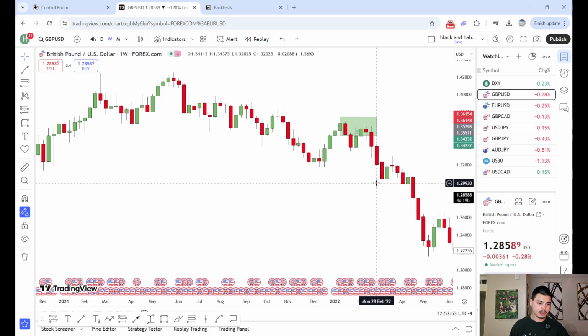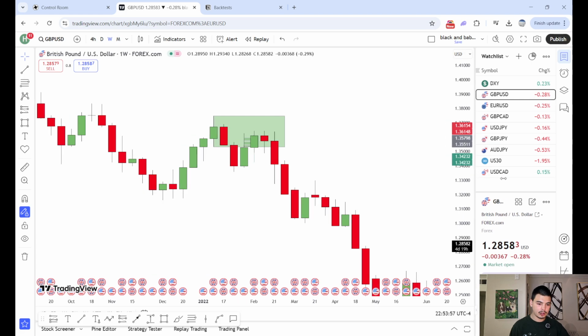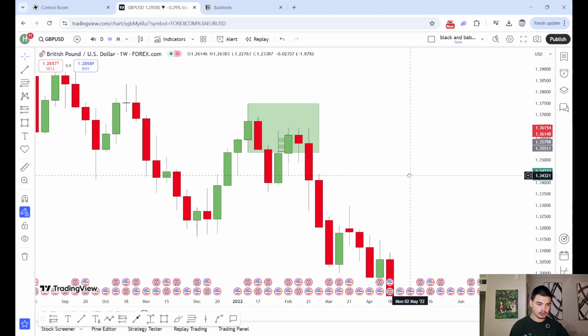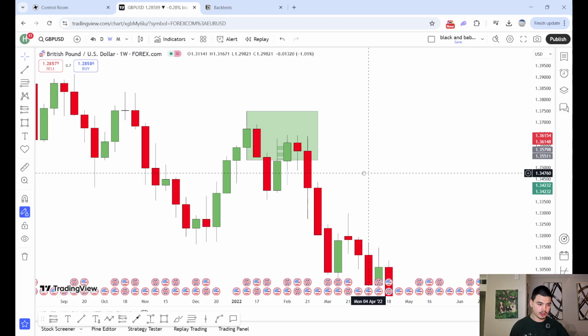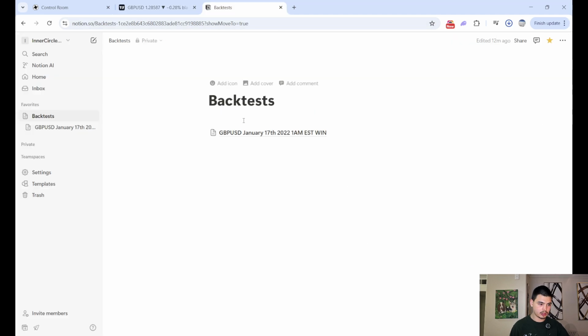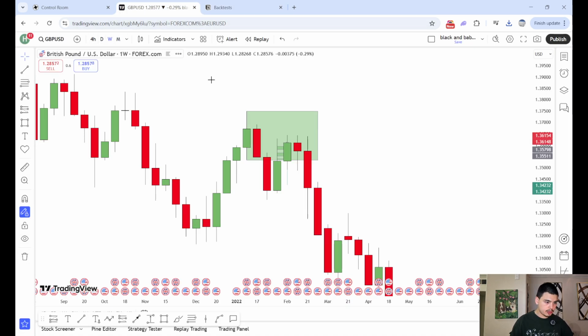We are going to take a picture of this here, download the image, and create a new one here. We're going to call it GBP USD. And what day was it on? Now we took that entry.